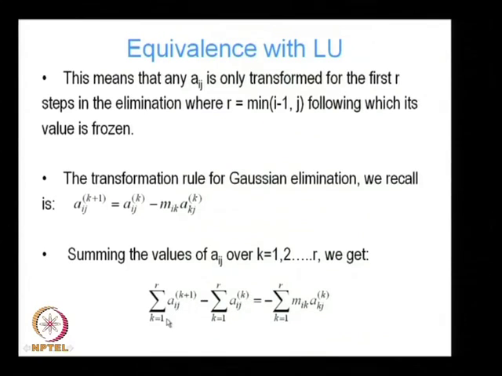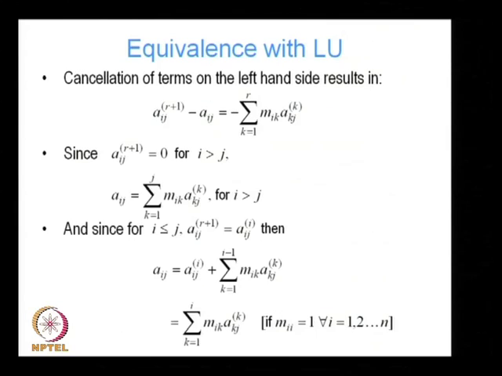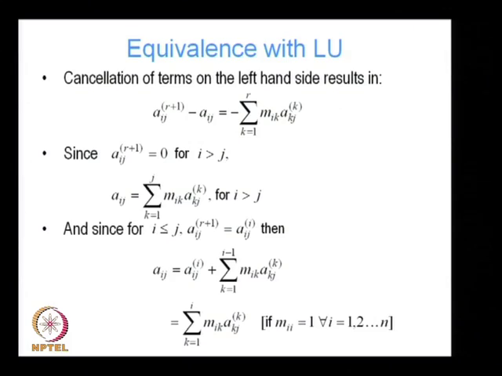Otherwise, for instance, for k equal to 1 here, we are going to get a_ij^(2), and this is going to cancel out from the a_ij^(2) contribution from the second term. So, the only terms which are going to survive are going to be a_ij^(r+1) and a_ij. So, that gives me my left hand side. The right hand side remains identical, which is equal to minus summation k equal to 1 through r m_ik a_kj^(k).